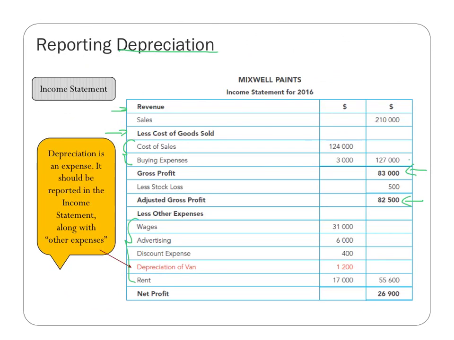These are the other expenses: wages, advertising, discount expense, depreciation of van. That's where depreciation goes. It belongs to other expenses, and rent. Use the adjusted gross profit less other expenses, and this will give you the net profit. So because depreciation is an expense, it should be reported in the income statement along with other expenses.